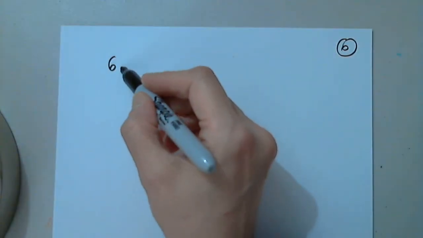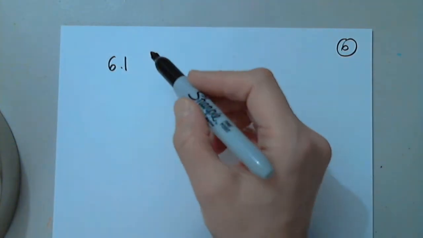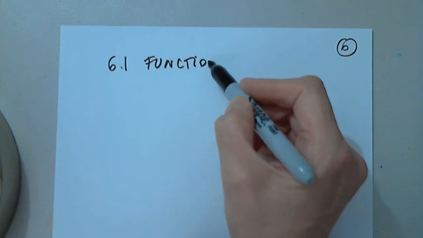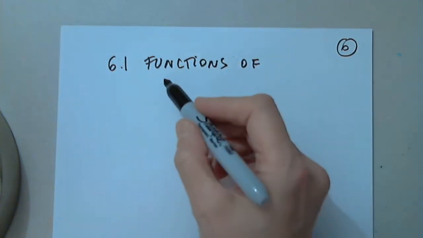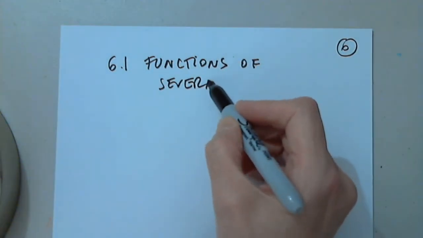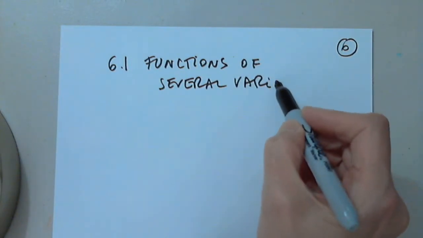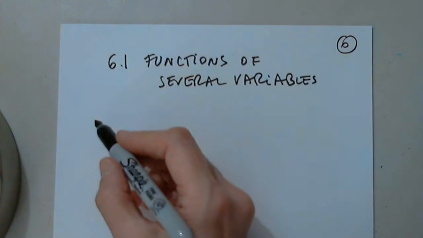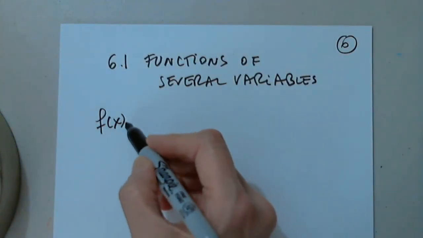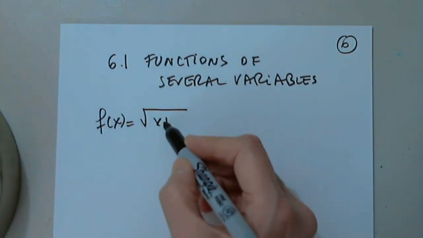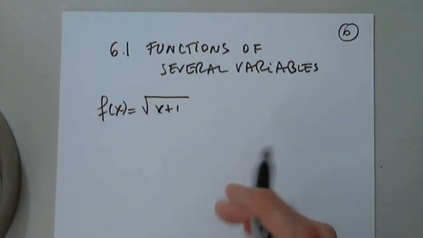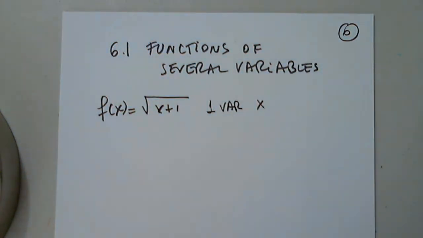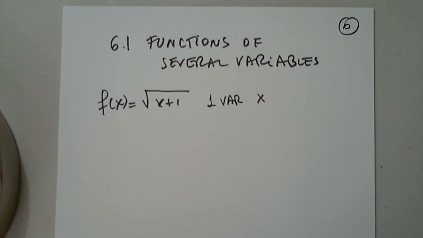So now back to 6.1. Let's look at functions of several variables. Here's a function that we used to look at and study and work with. But this function has one variable, x, one independent variable, x.